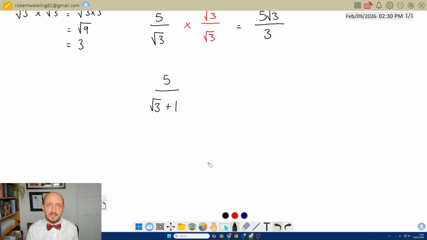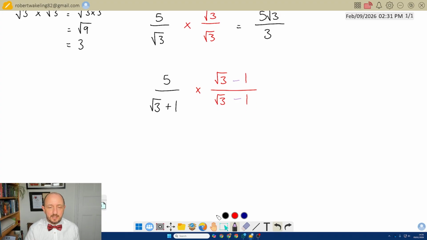Okay, in this instance, we've got not just a single root like this, but it's got this added little plus 1, minus 2, whatever it is, like something that's been added or taken away from the square root sign. Okay, and in this case, we don't times by root 3 plus 1. We do the opposite. Whatever that sign is, we do the opposite.